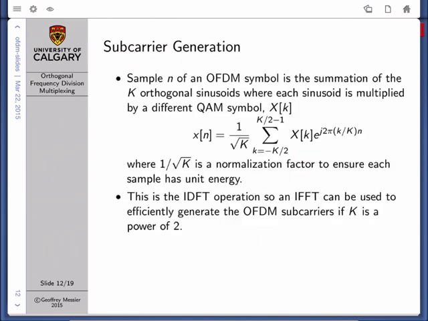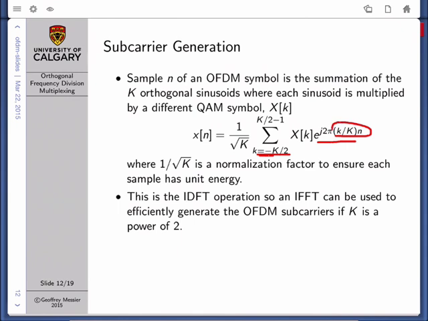Next logical question is, how do we generate these orthogonal subcarriers? Well, to express the OFDM operation mathematically, we have, again, a summation of orthogonal subcarriers. So here we have a summation of our k orthogonal sinusoids. This is the sinusoid term.